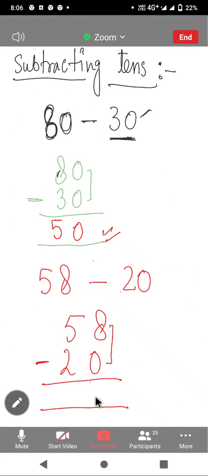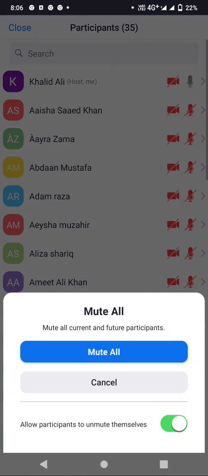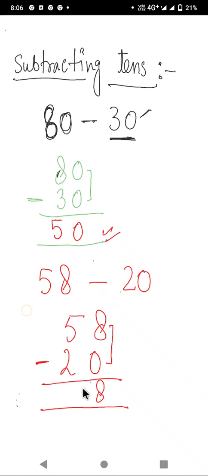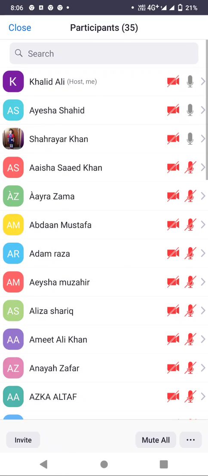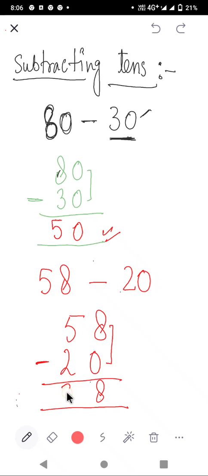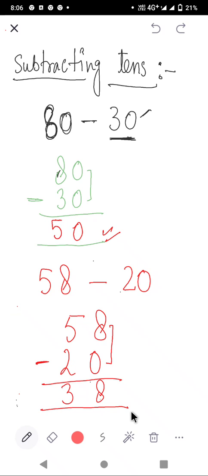So 8 minus 0 is equals to 8. Okay, now 5 minus 2. Yes, student, 5 minus 2. Yes, very good. 5 minus 2 is 3. So the difference is 38.